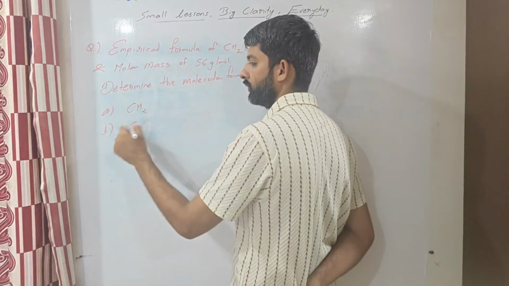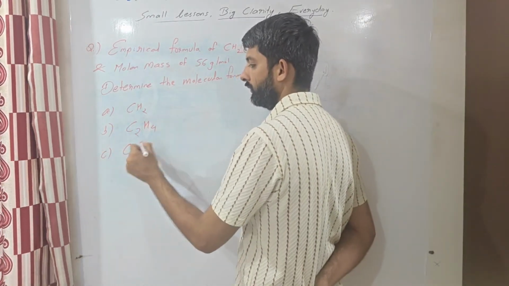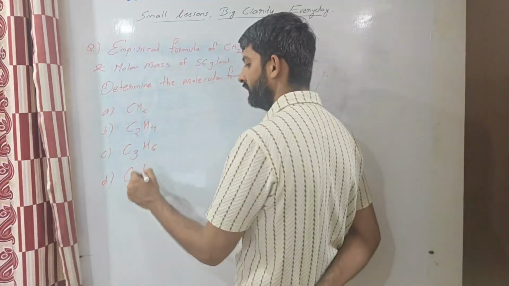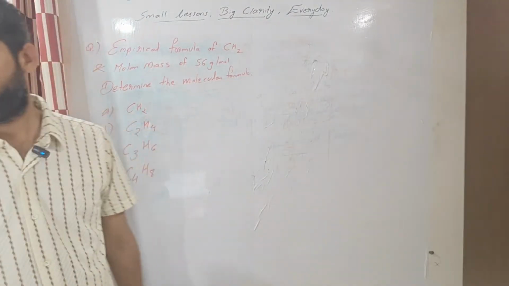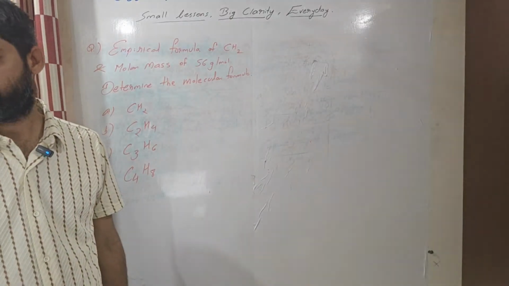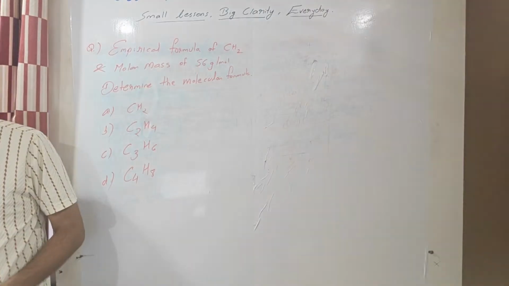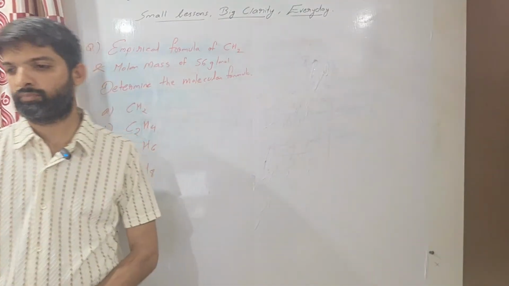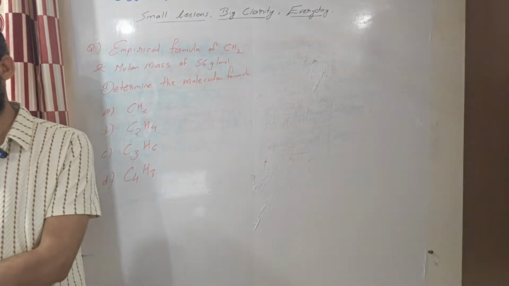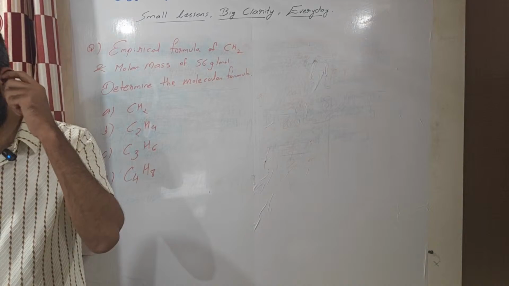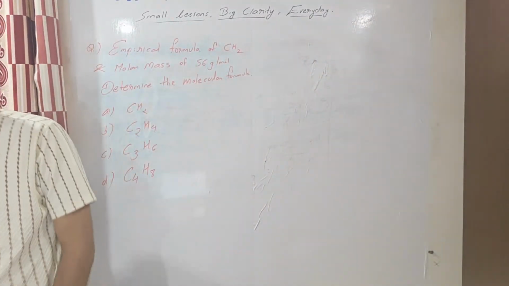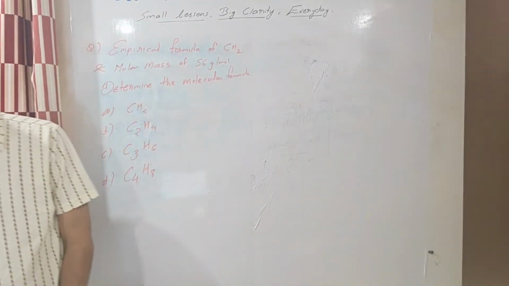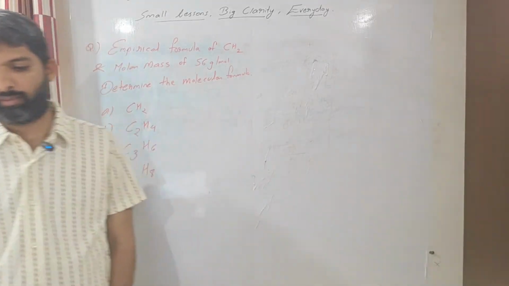Option A is CH2, B is C2H4, C is C3H6, and D is C4H8. What could be the answer? Option D.